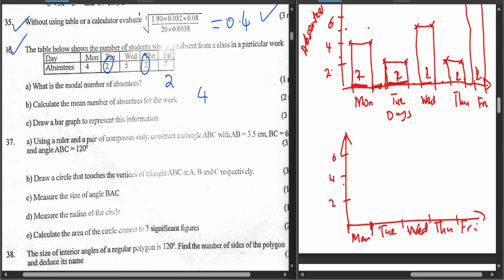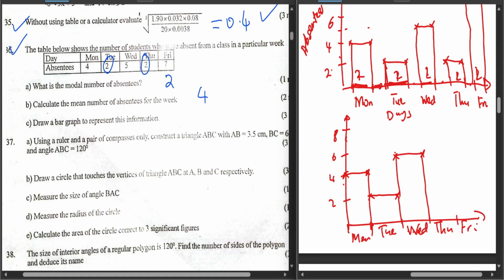4, 6, and 8. So 4 somewhere here. Then we have Tuesday 2, somewhere here. Wednesday we have around 5, somewhere here.